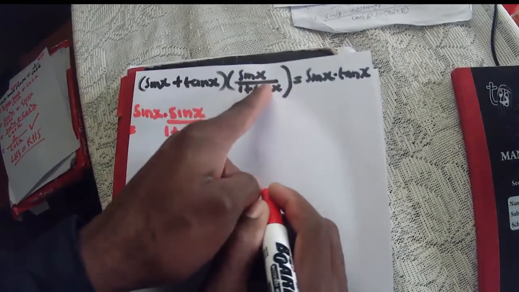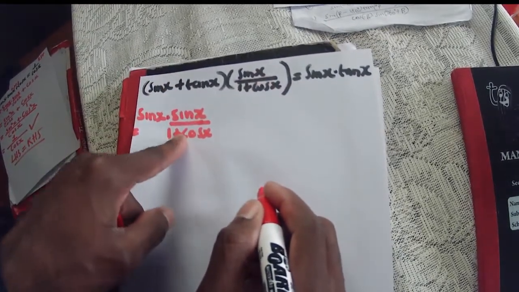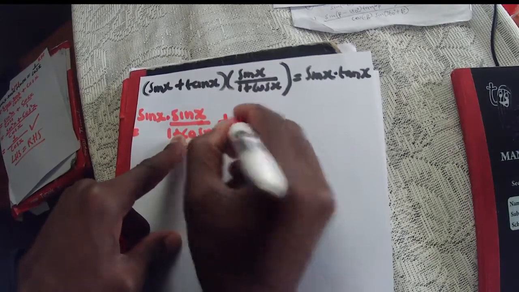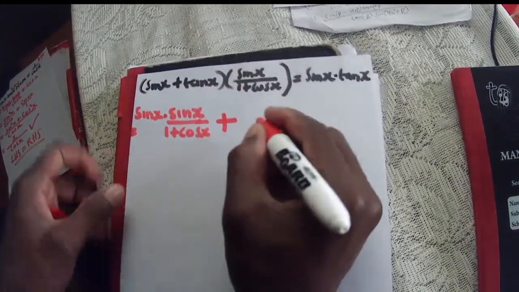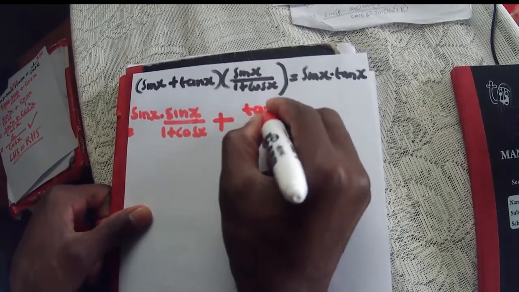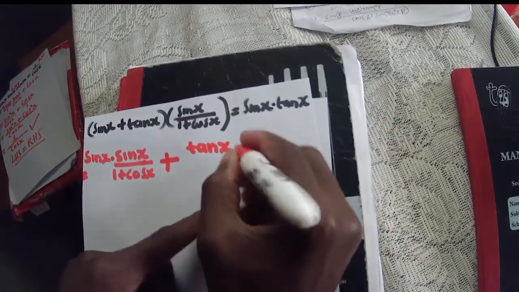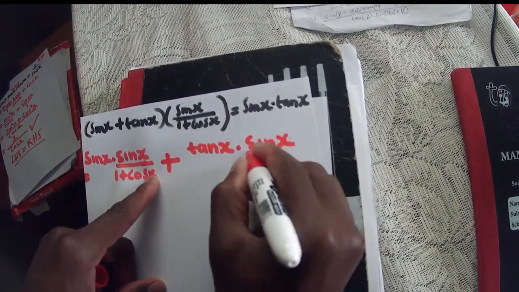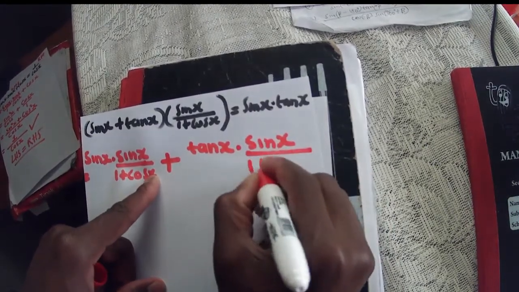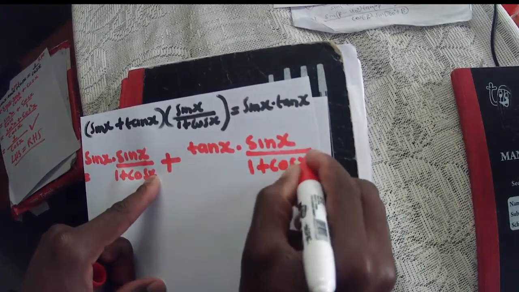I multiply this by that, and it's this. What is remaining is this multiplied by that. So what is the answer? The answer is tan of x multiplied by sine of x divided by 1 plus cos of x.